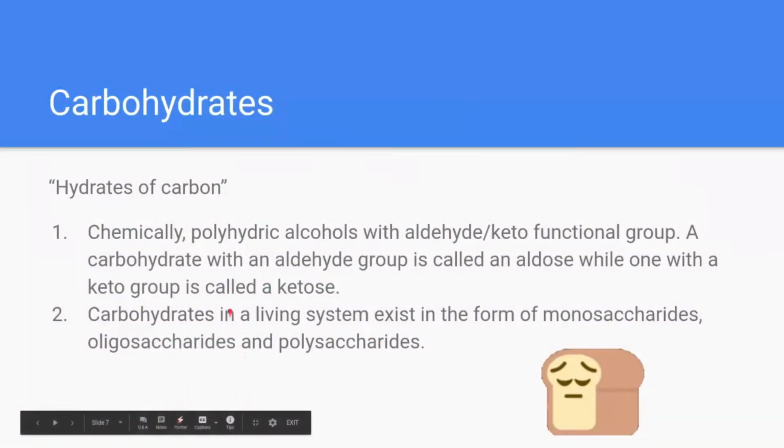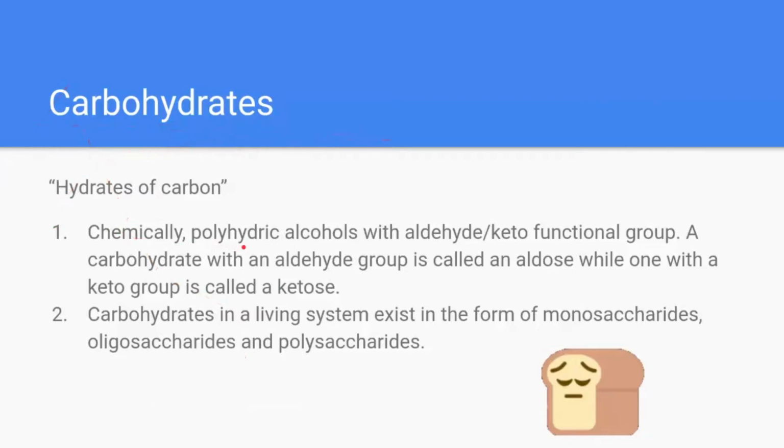Okay, next, carbohydrates: hydrates of carbon, as the name says. Chemically, they are basically polyhydric alcohols, but they have an aldehyde or a keto functional group. If you didn't study organic chemistry before, it is aldehyde or ketone. You can easily recognize them by the double oxygen bond on the carbon atom.